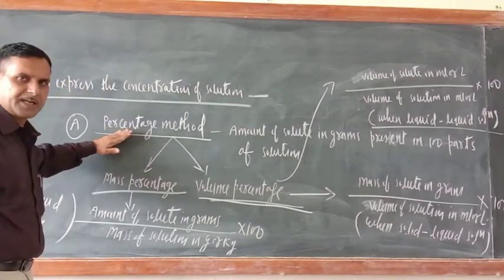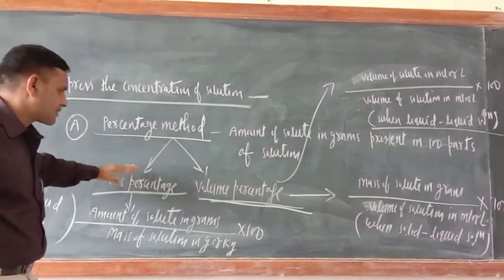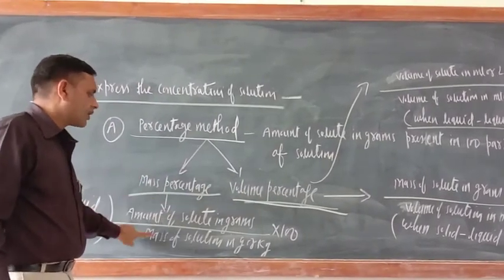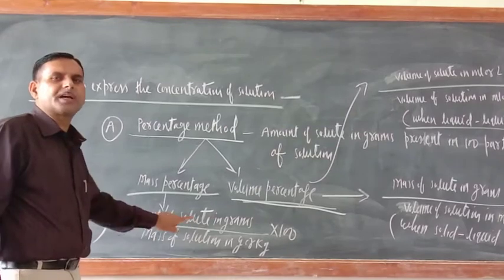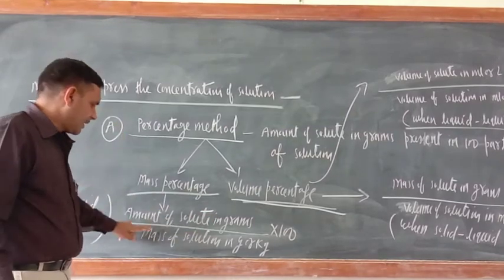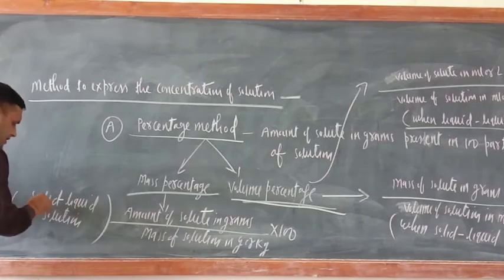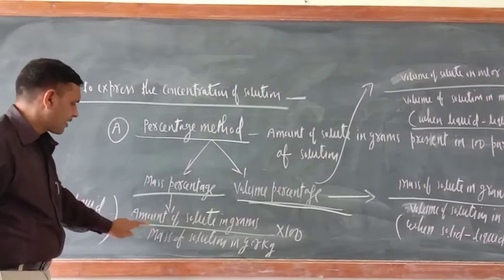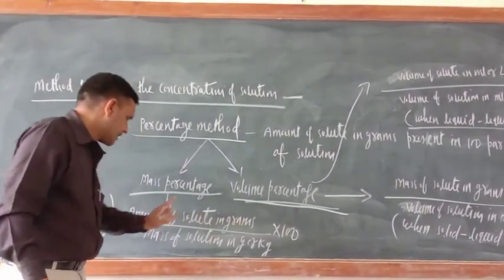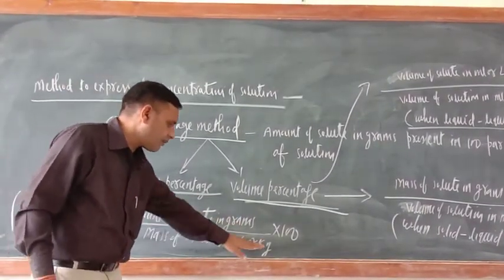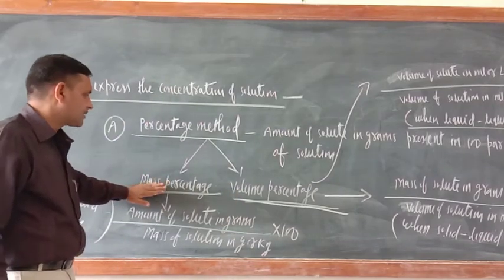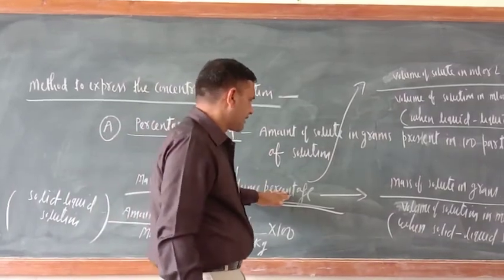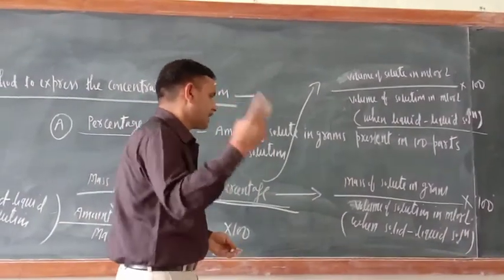So the percentage method is of two types: mass percentage and volume percentage. In mass percentage, solute and solvent amount should be taken in gram or kilogram. Then for solid liquid solution, this is the correct formula: amount of solute in grams divided by mass of solution in gram or kilogram into 100. For volume percentage, two things are there.